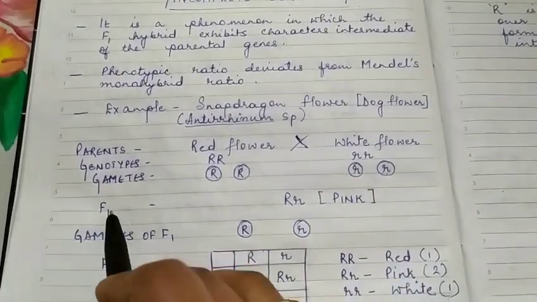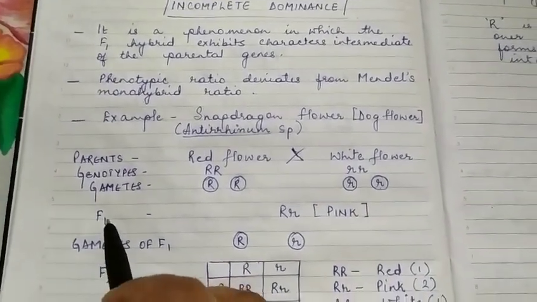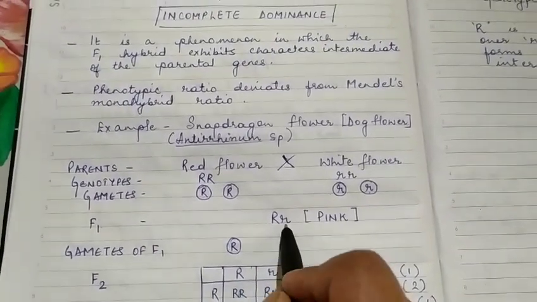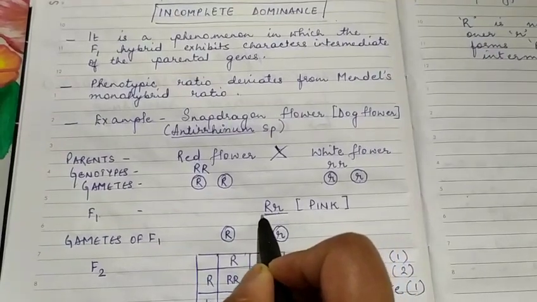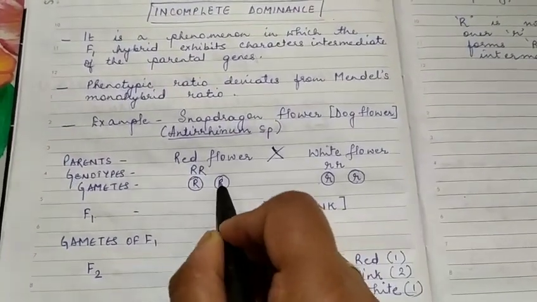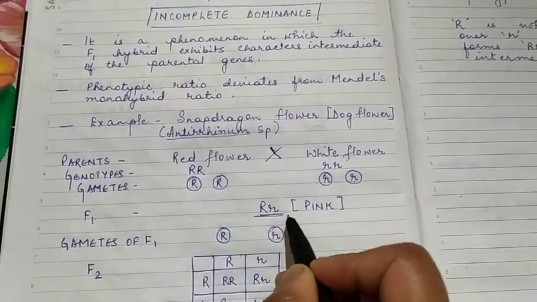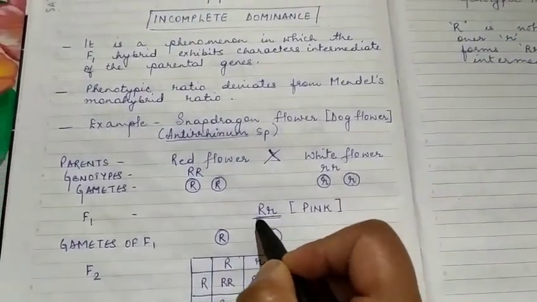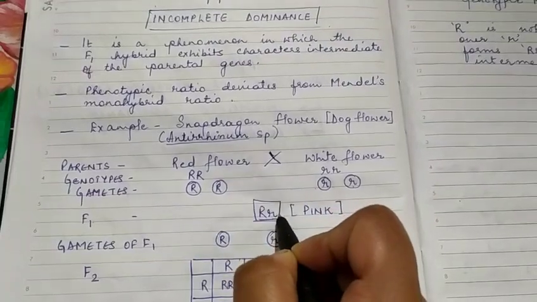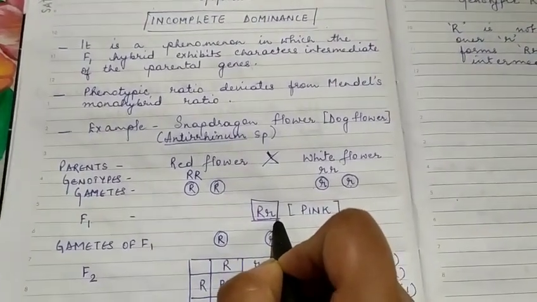Now in the F1 generation, a heterozygous condition came up, like in previous cases. One gamete from one parent and another gamete from the second parent came together forming the genotype of the offspring.